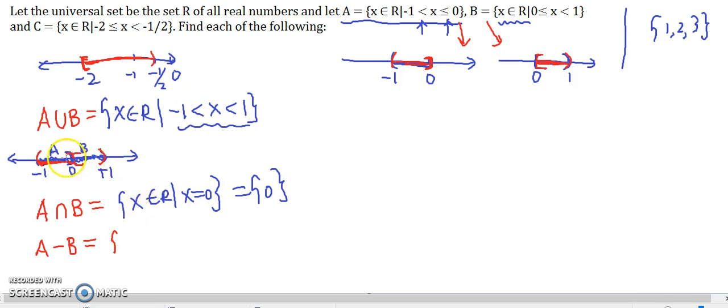So we're going to have to delete 0 from set A. So the answer will be, we get rid of the equal sign right here, because 0 is in B, and A minus B means we have to get rid of the numbers in B from A.